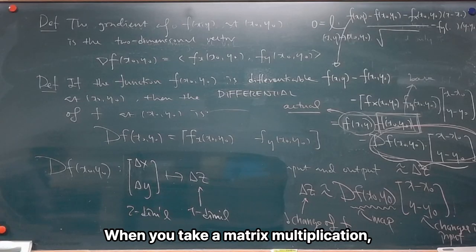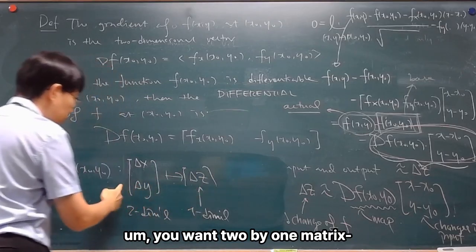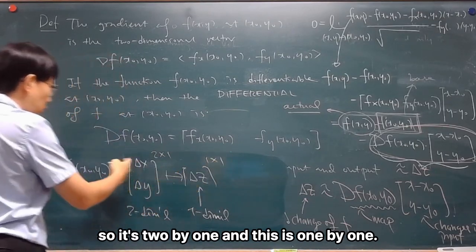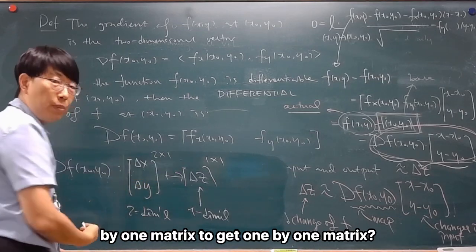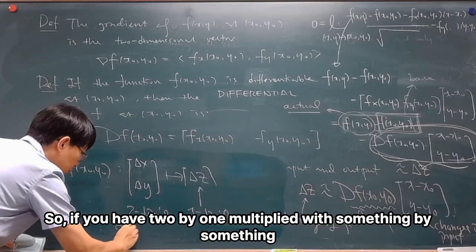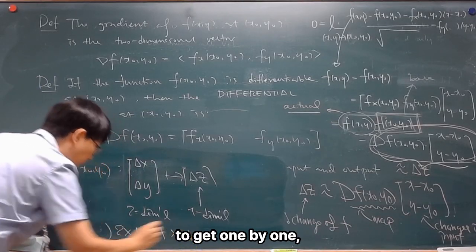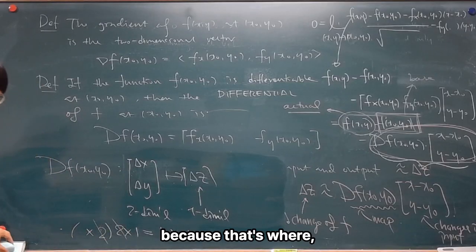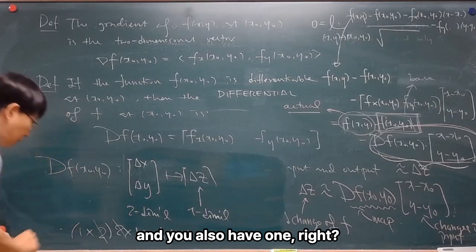When you take a matrix multiplication, you want a 2/1 matrix to go to a 1/1 matrix, so it's 2/1, and this is 1/1. What matrix do you have to multiply on the left of this 2/1 matrix to get the 1/1 matrix? If you have 2/1 multiplied by something to get 1/1, there's no other way to get 2, because that's where you get a valid matrix multiplication, and you also have 1, right?